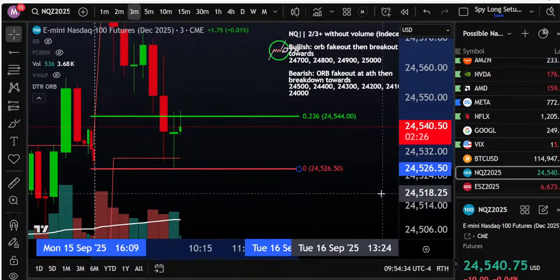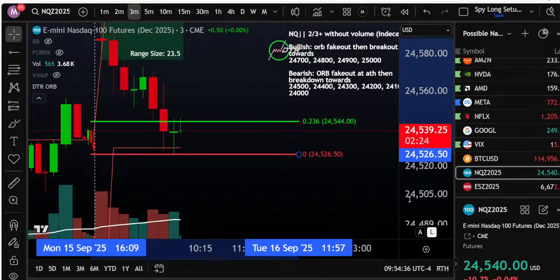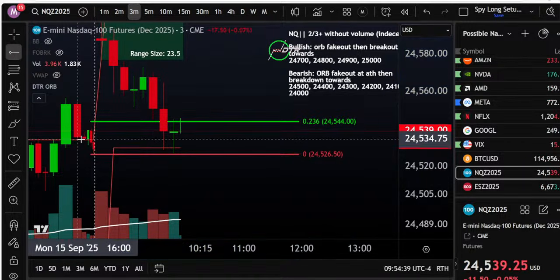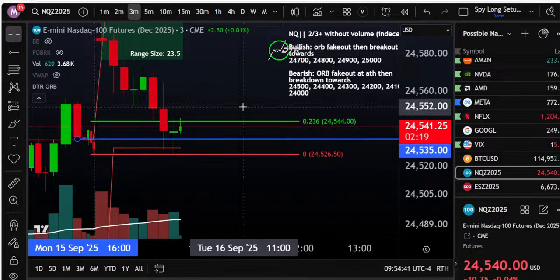And I'd probably want my stop loss to just be low of day. Maybe look like something like that.